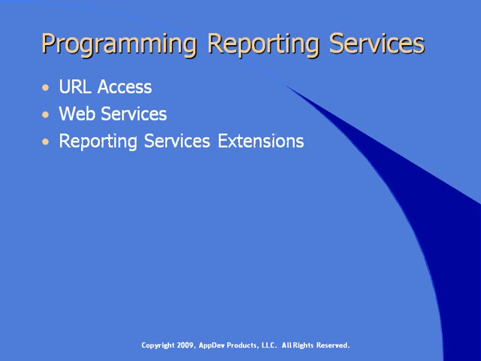You can also programmatically create Reporting Services extensions to extend Reporting Services. And finally, because Reporting Services stores the report definitions in XML format, you can actually generate reports by crafting the XML in your programs.